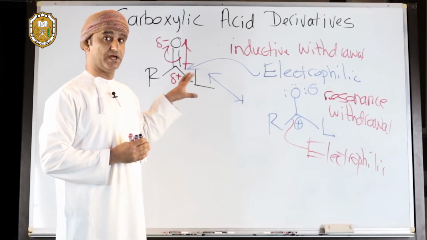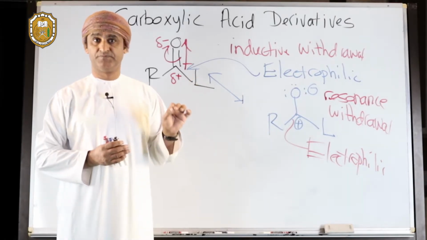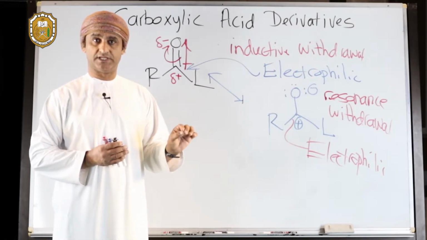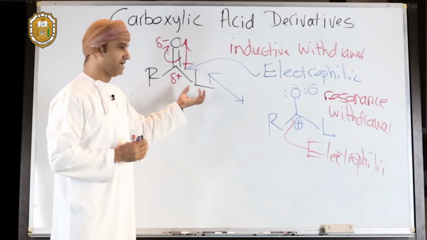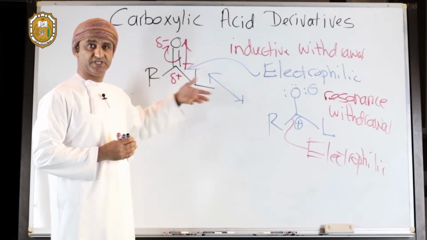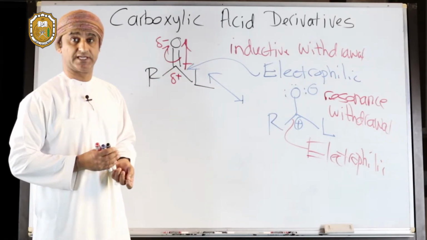So they undergo an initial nucleophilic addition step, but that's not the whole story. The difference really lies here in L or Y, if you like, in this group, what makes these compounds derivatives of carboxylic acids.